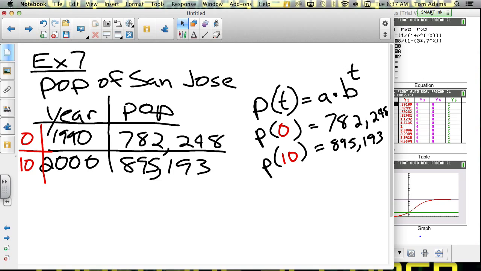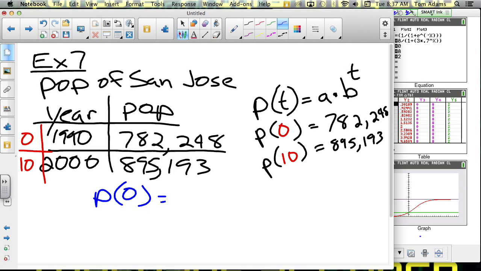Now one method that we could use is, if I take this information, really what I'm saying is P of 0 was equal to 782,248 times b raised to the 0.